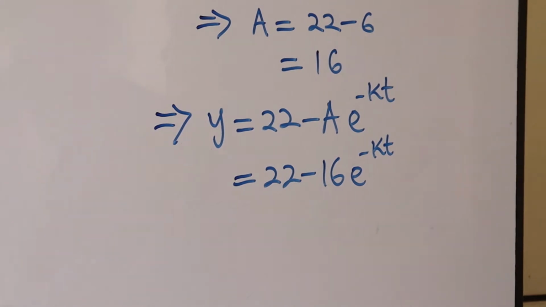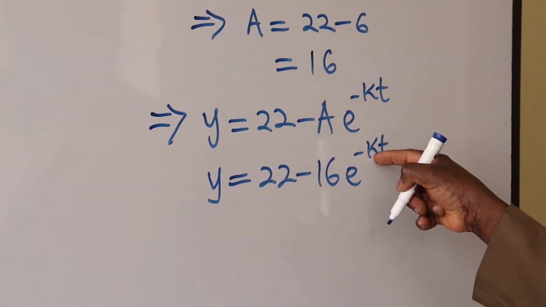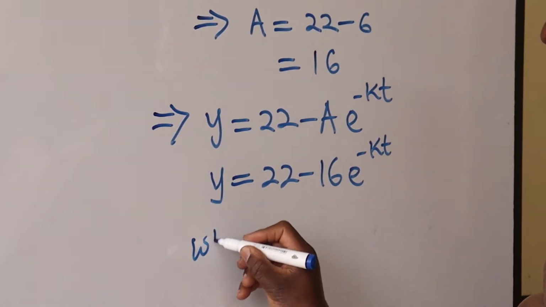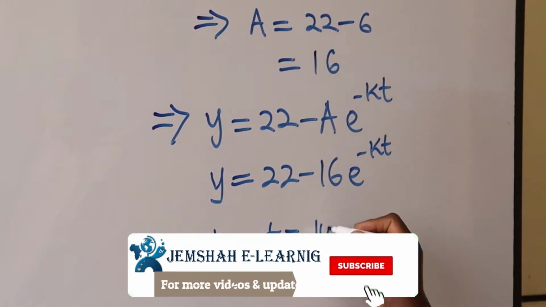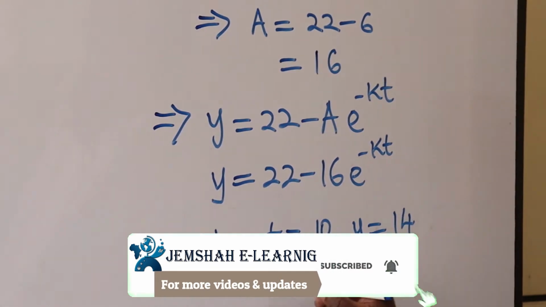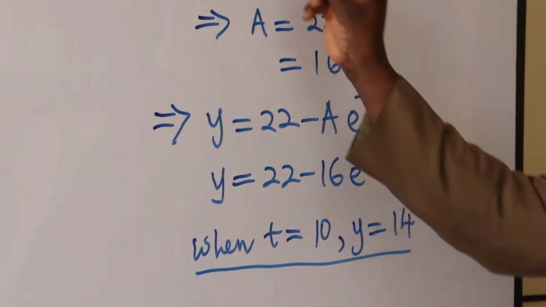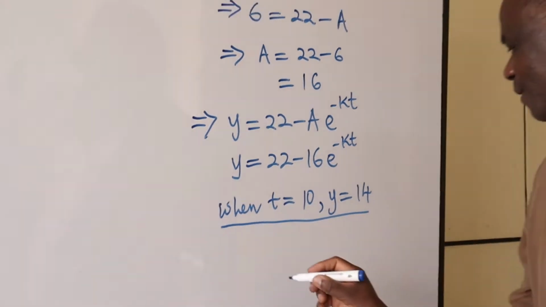Now, there is another condition which can help us get the value of k. We are told when t is equal to 10, y is equal to 14.